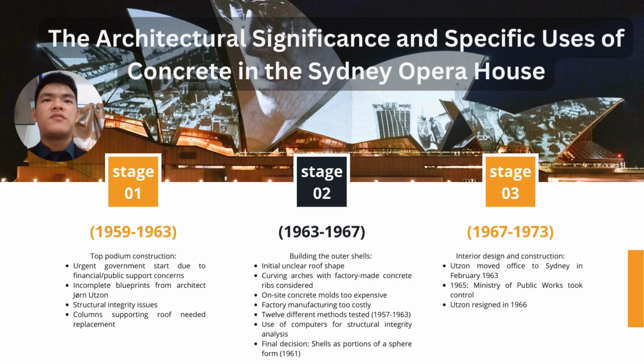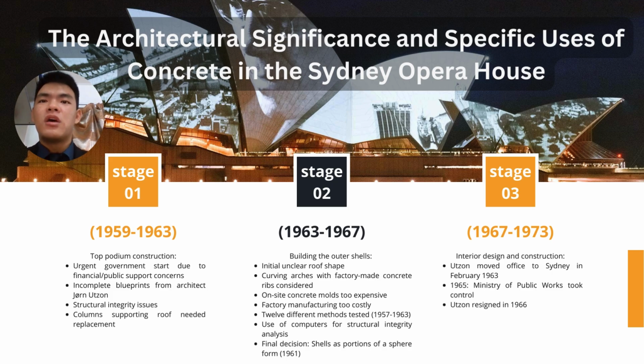From 1957 to 1963, they experimented with 12 methods for creating roof shells, including curved forms. Computers were used to determine structural integrity and help them understand complex roof forms. In 1961, they decided to create all shells as portions of a sphere.